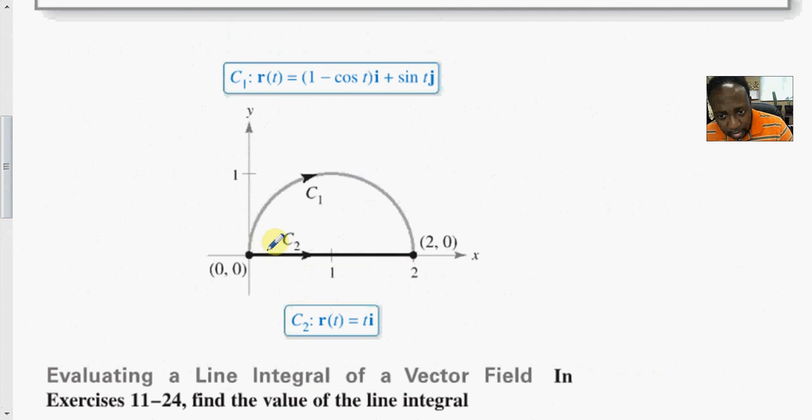Notice here that when you investigate R of t at this point, you get one value, then you investigate it over here at this point, you get the same value. So it's a closed path, and if it's closed, then we say that the energy that's exerted there is 0.